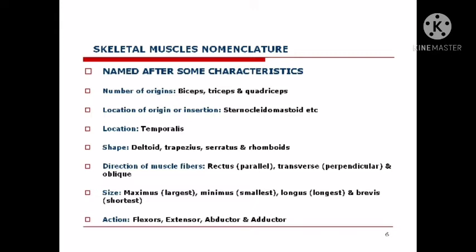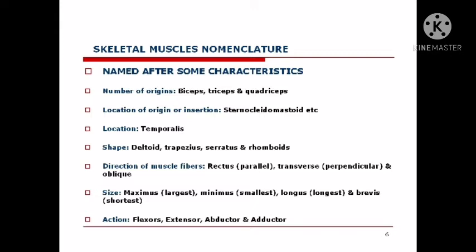So we will deal here with the gross anatomy of the skeletal muscle, the cardiac muscle and the smooth muscles. The skeletal muscles are predominant, therefore I am going to tell you about them first.